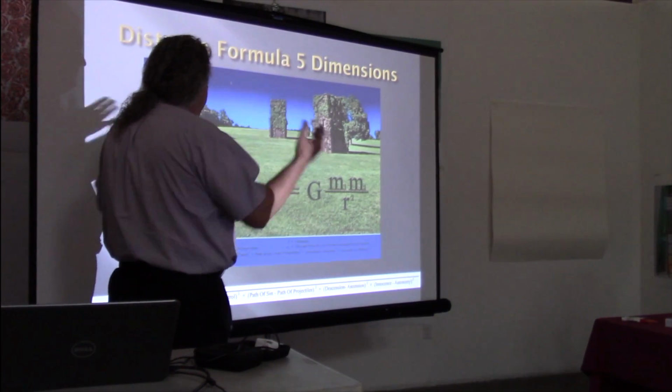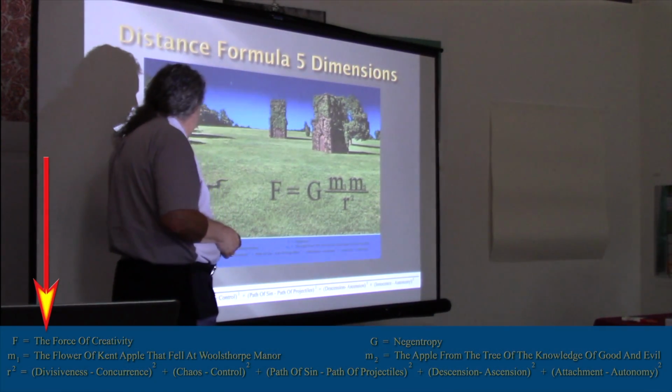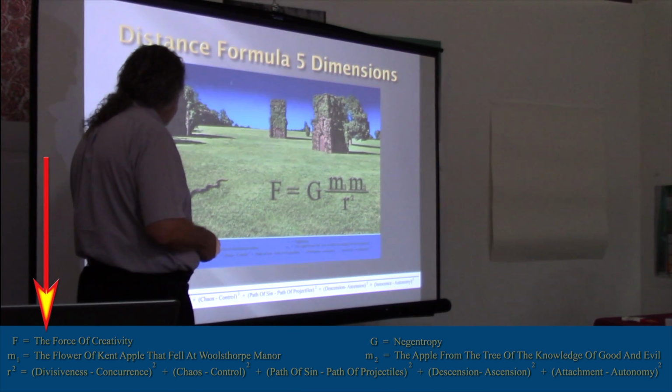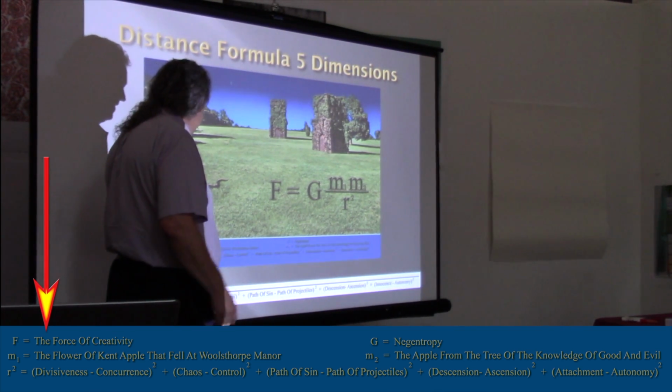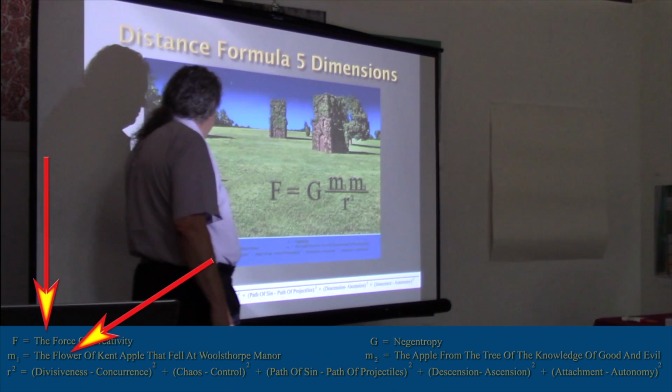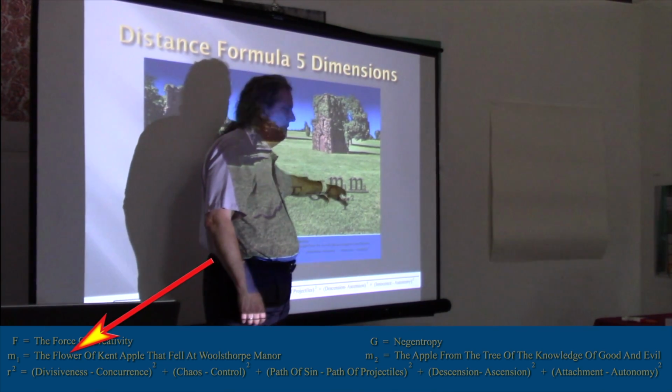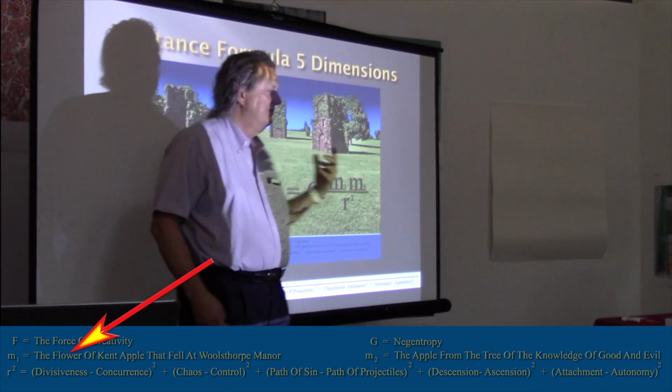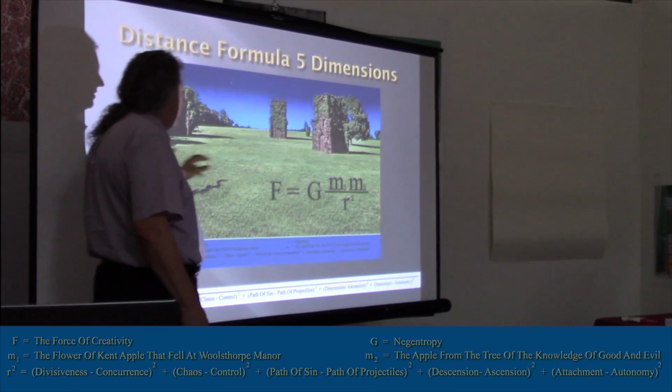What I'm mapping into this equation is the force of creativity. And for the mass, we're going to have the flower of Kent apple that fell at Woolsthorpe Manor. That's the mass.